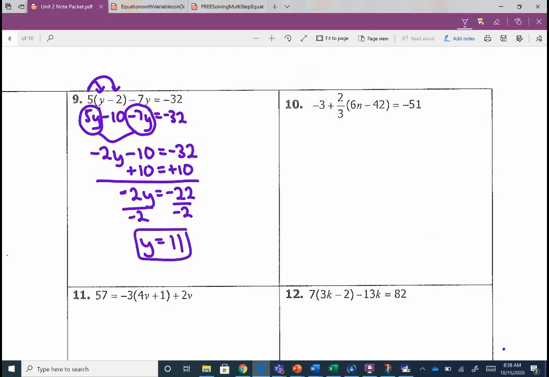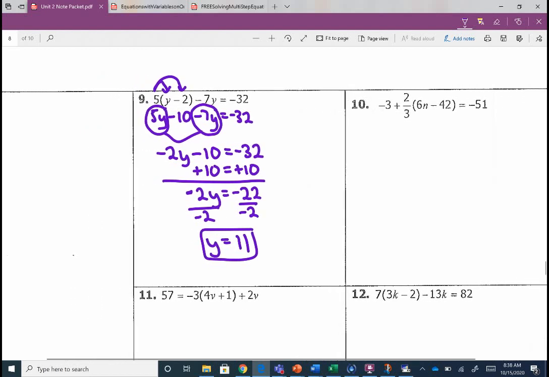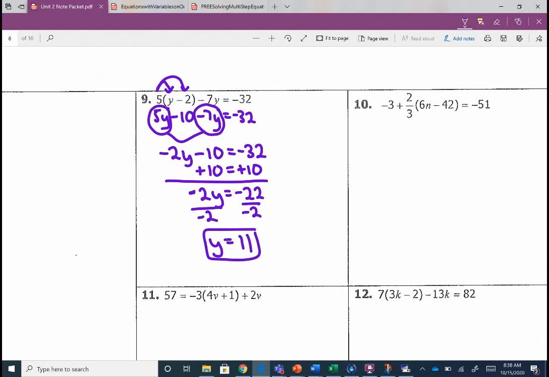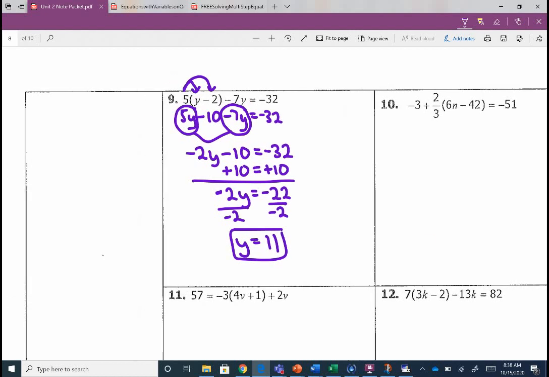Now, some of you might be thinking, Miss Callie, how can I check this? I'll be honest, I'm kind of running out of space in that box. I'm going to go over here to the left to do my check. Don't let it be looking like a longer problem stop you from checking. I have a 5. I have a parenthesis. Instead of y, I'm going to put 11.